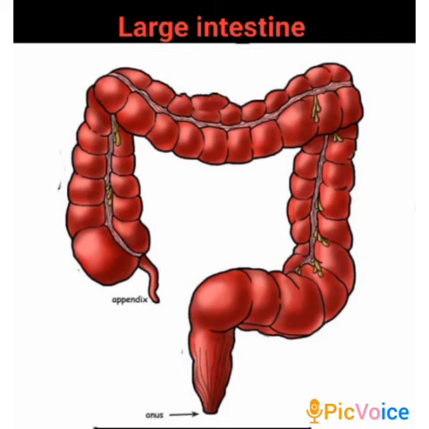Its function is to absorb water and some salts from the undigested food material. The remaining waste passes into the rectum and remains there as semi-solid feces. The fecal matter is removed through the anus from time to time. This is called egestion.